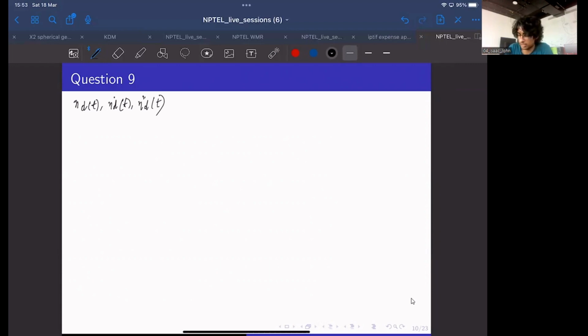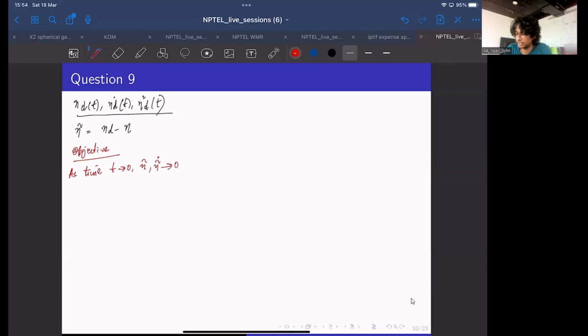We are also defining eta tilde, which is the difference between the desired trajectory and the actual trajectory. And our objective is that as time tends to infinity, the tracking errors in position and velocity, eta tilde and eta tilde dot, tend to 0.